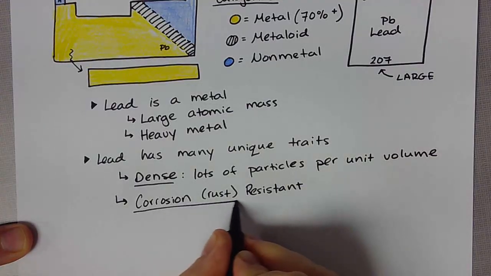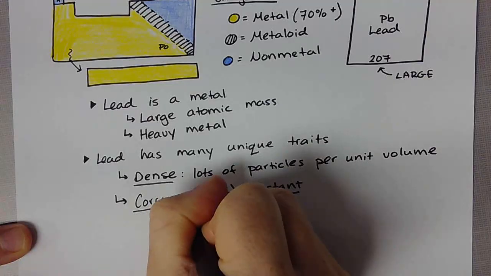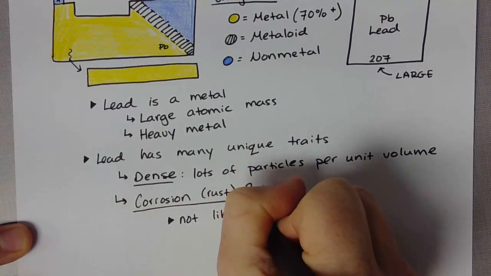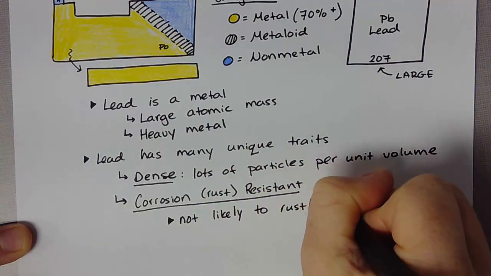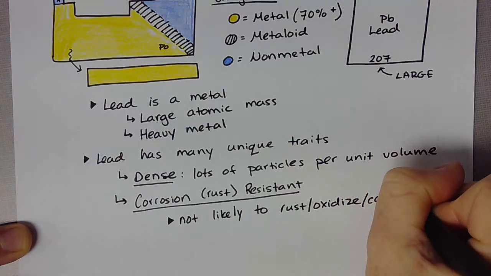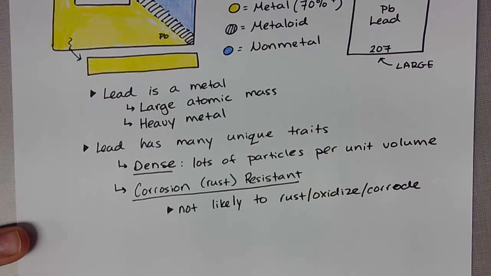To be corrosion or to be rust resistant means it is very unlikely to rust, oxidize, or corrode, which means that metal is going to stay nice for a longer period of time.